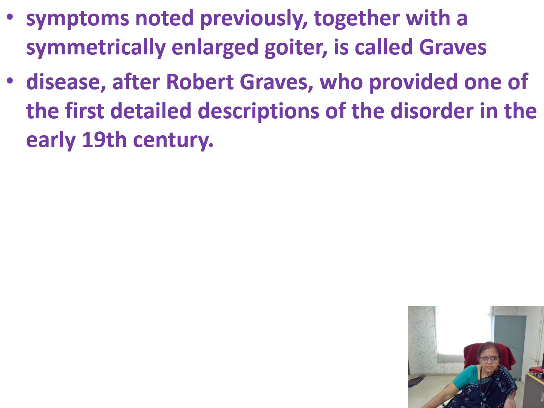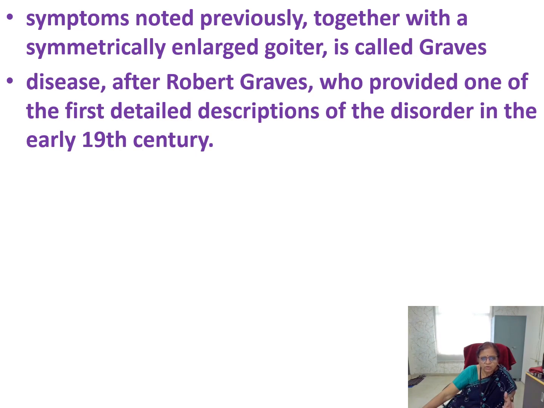Sometimes the symptoms noted previously occur together with a symmetrical enlarged goiter. What is a goiter? It is nothing but an enlarged thyroid gland, shown as a protruding mass in front of the neck region. So in Graves' disease also we see this enlarged thyroid gland called goiter.